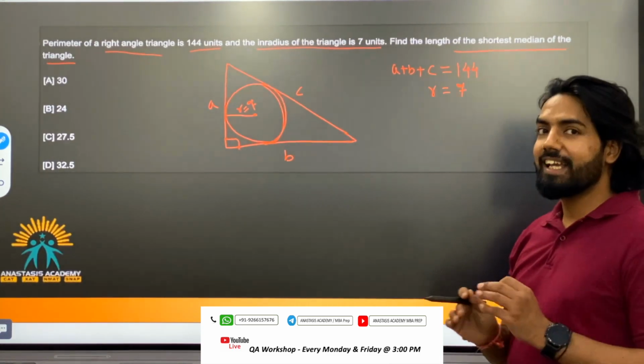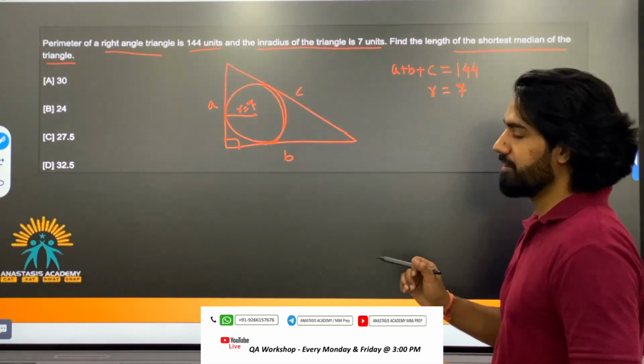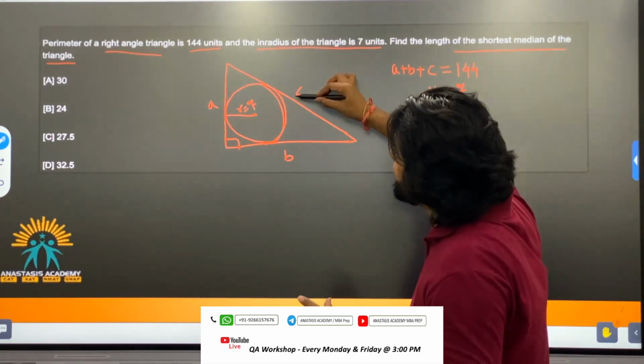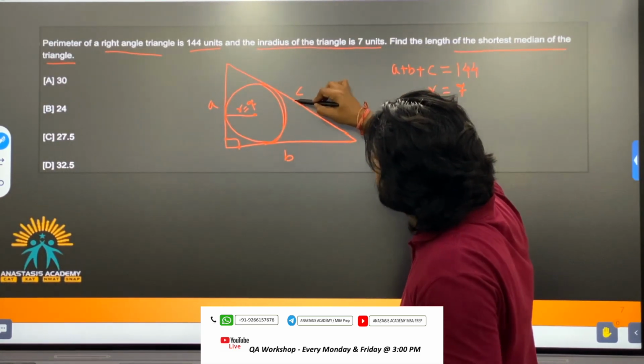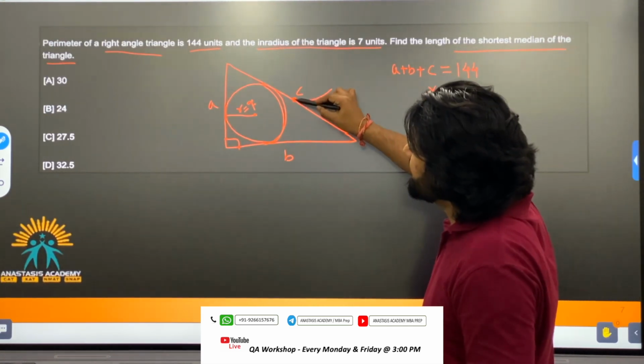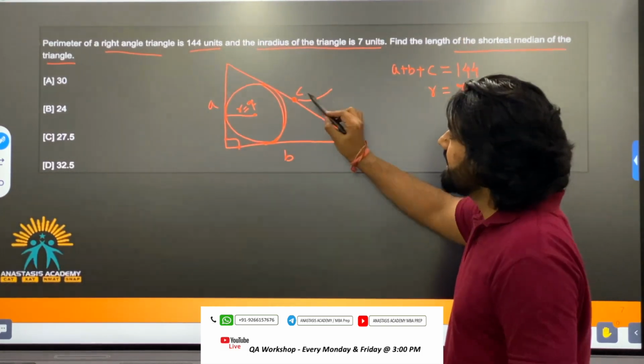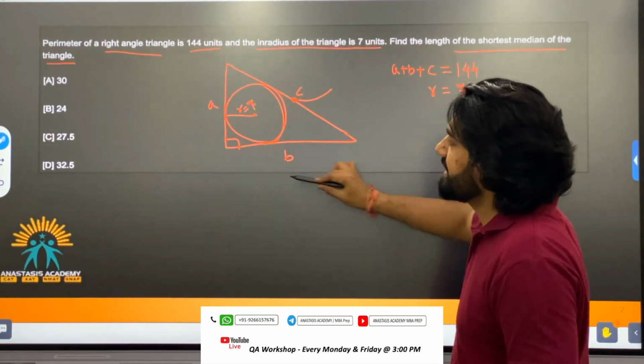And for a right angle triangle, we know its circumradius is half the hypotenuse, because for a right angle triangle, the midpoint of the hypotenuse is the center of its circumcircle.